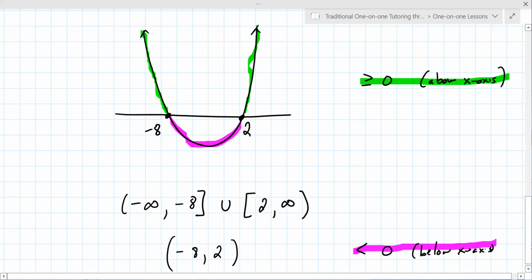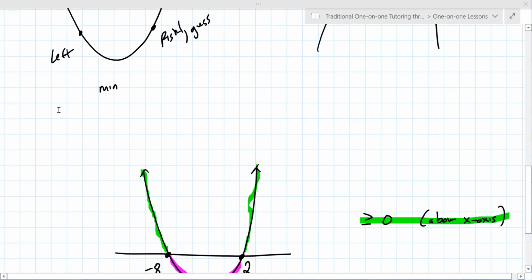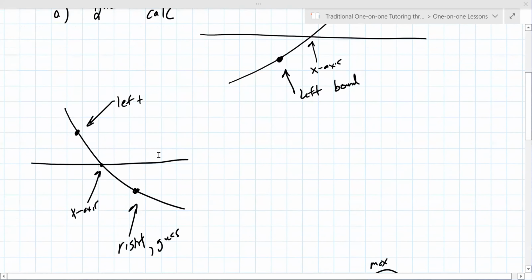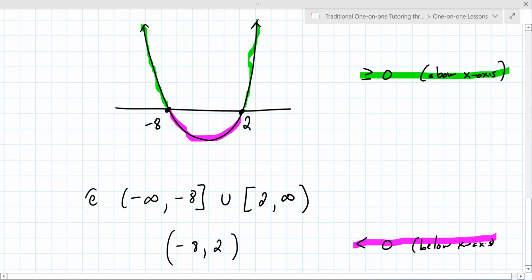If it's less than or equal to, then it would change to two brackets. So for this one, it's just -8, 2. In terms of the question, the first question, E, is greater than or equal to, so the answer to E is this one. And the answer to F is the one below it.